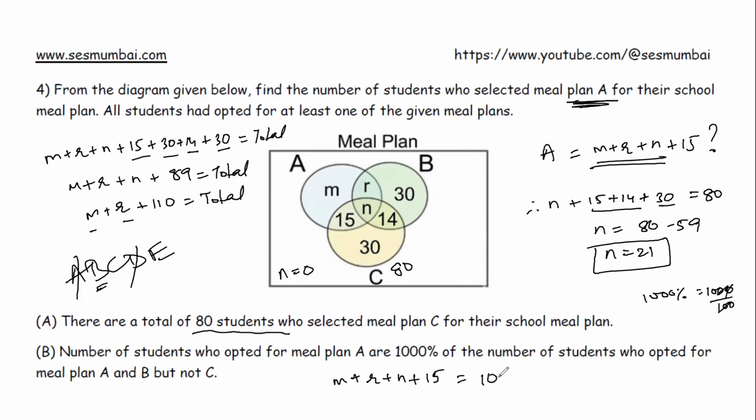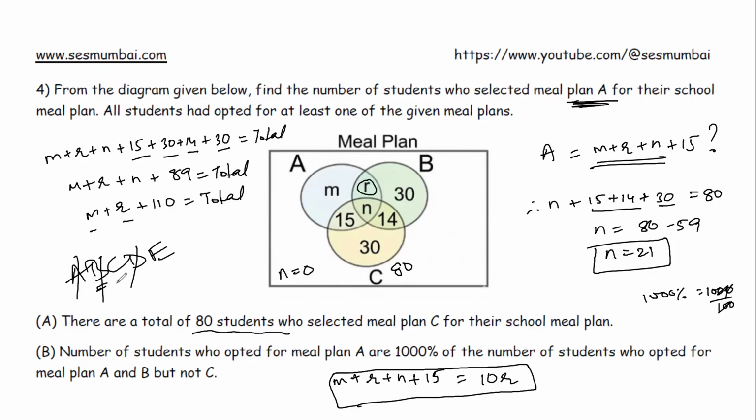So it's 10 times the number of students who opted for A and B, but not C. A and B, not C, is R. So it's 10R. So the second statement also doesn't give us anything, right? So B is out.